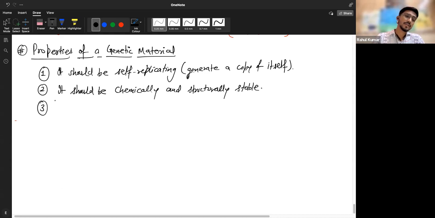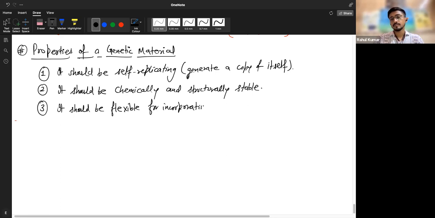So write down, third quality: it should be flexible for incorporating slow changes like mutation.